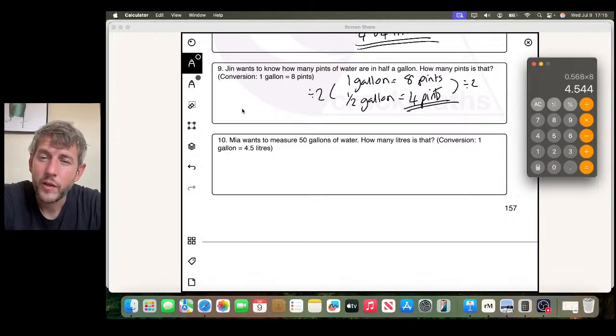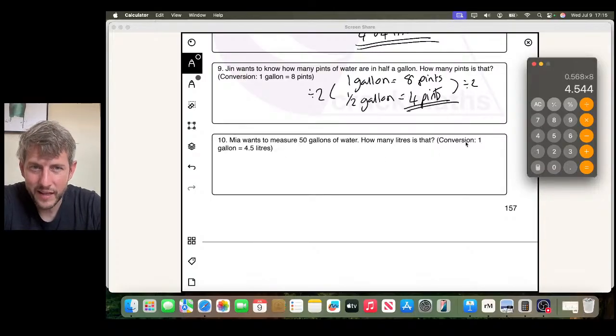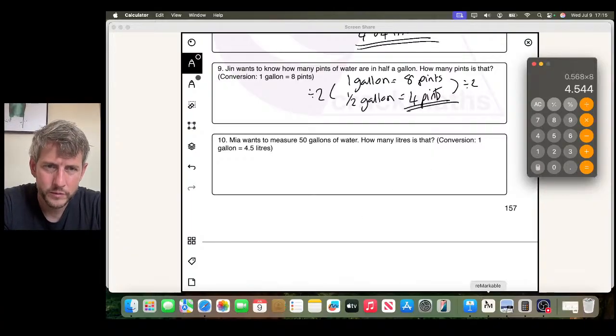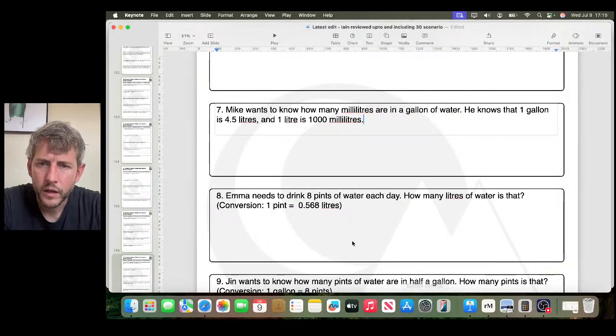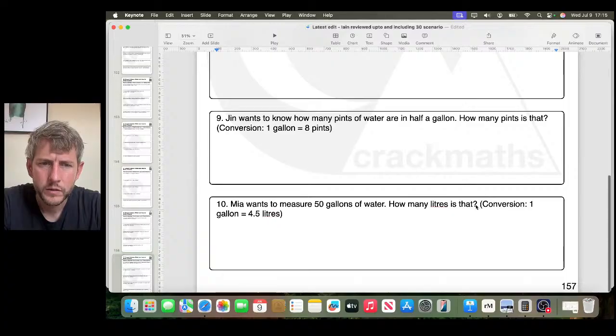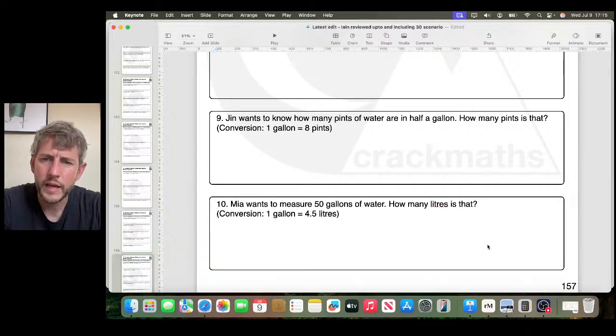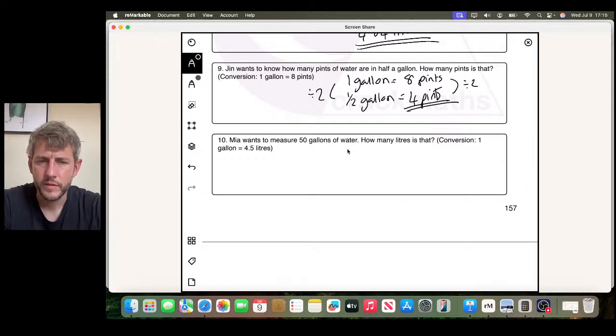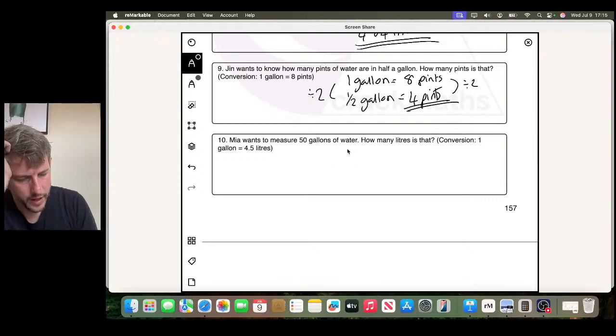Question 10. Mia wants to measure 50 gallons of water. How many litres is that? Conversion. Okay, we need to sort that out. Conversion, 1 gallon equals 4.5 litres. This is a nice easy one actually.